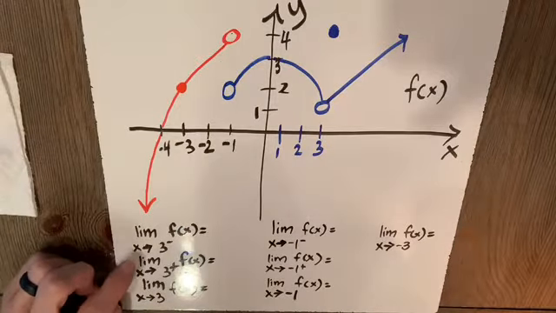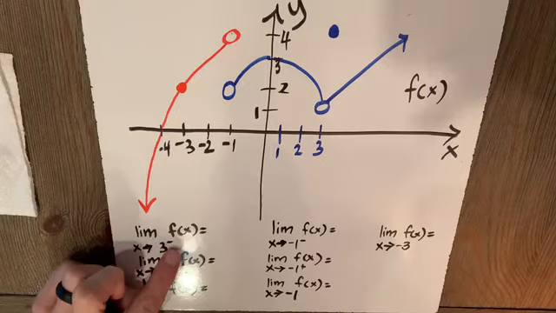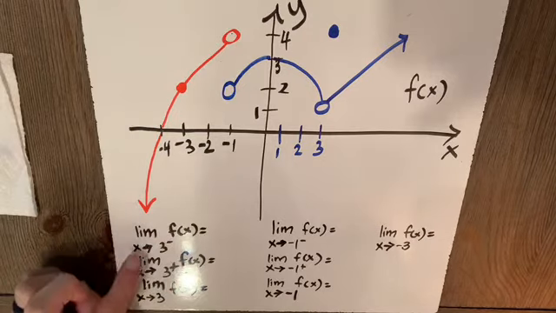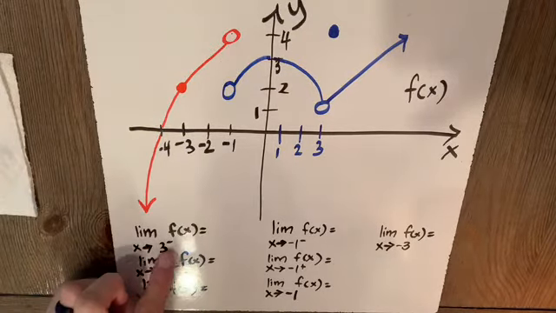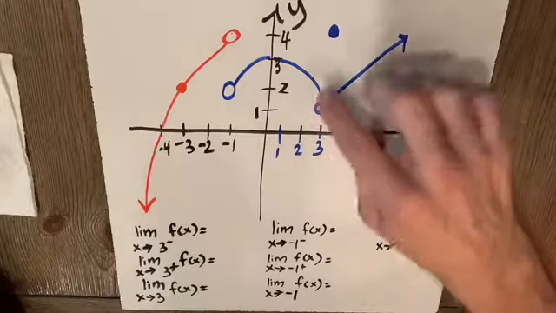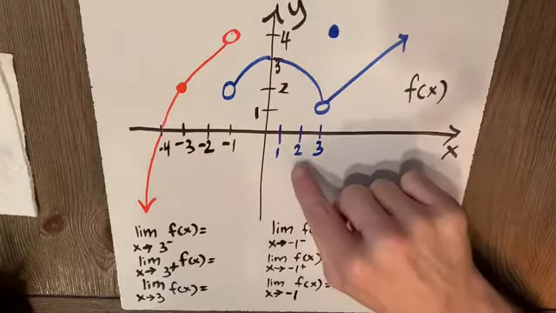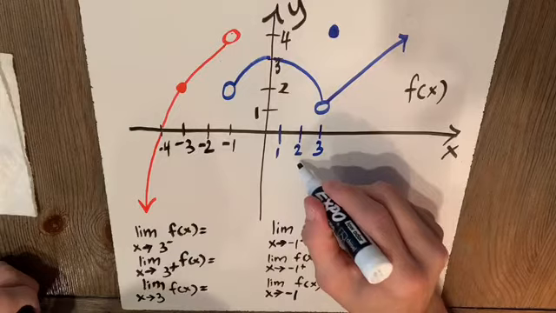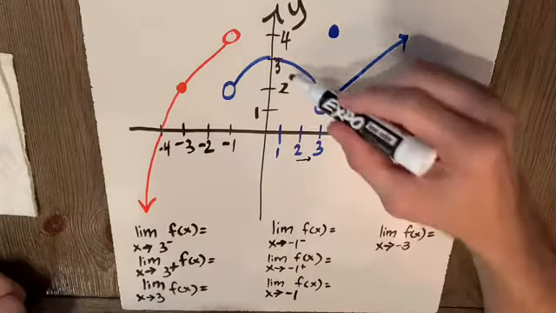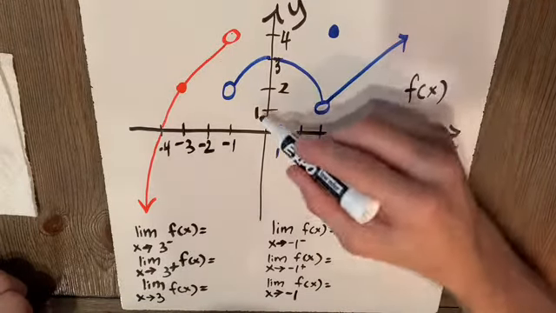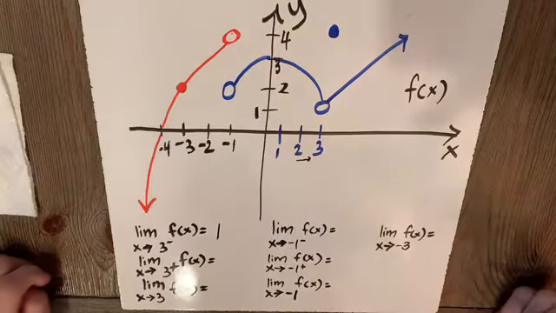How about the limit of f of x as x approaches +3 from the left? Well, here is +3. As x squeezes in on 3 from the left, look where y is heading. Y is heading towards +1.